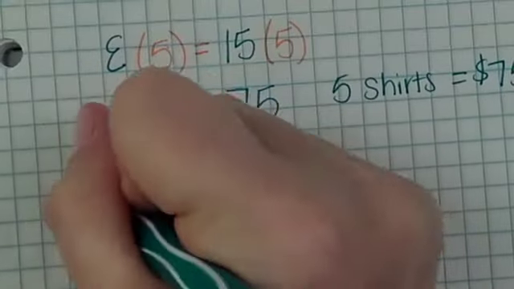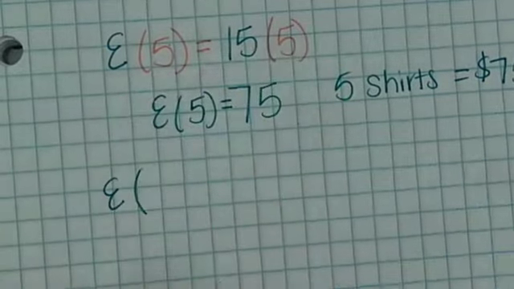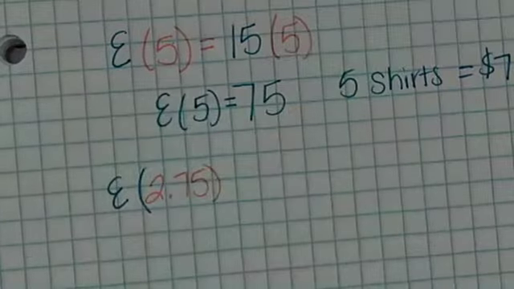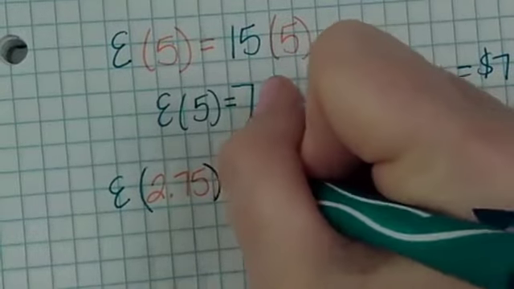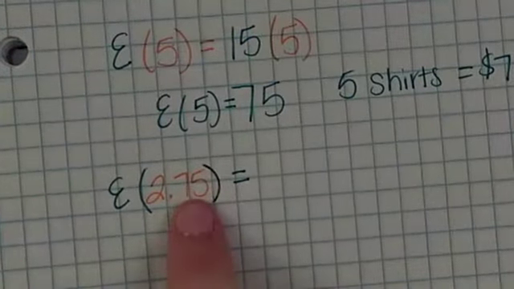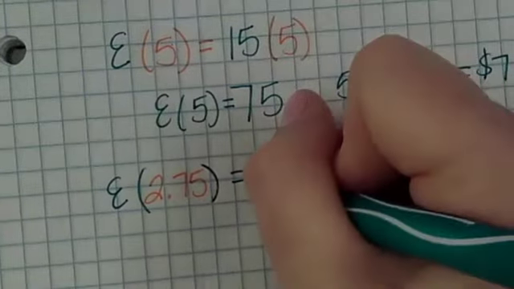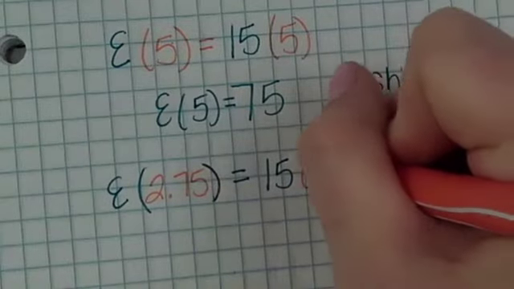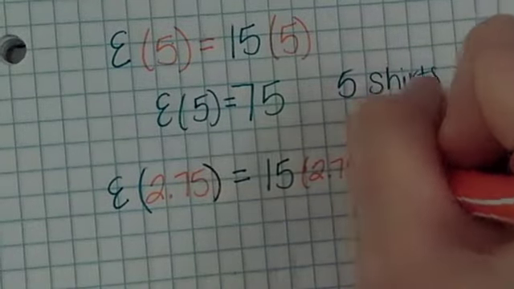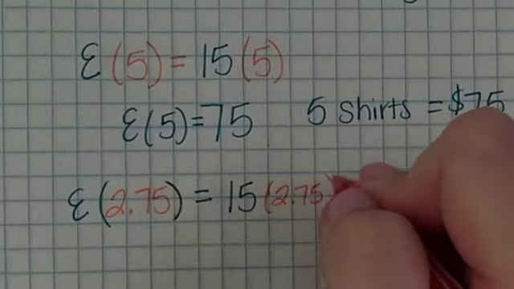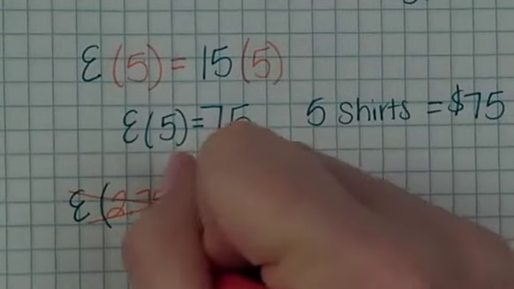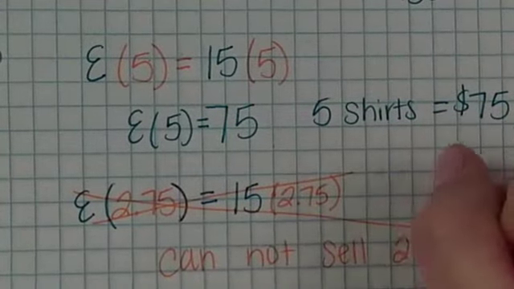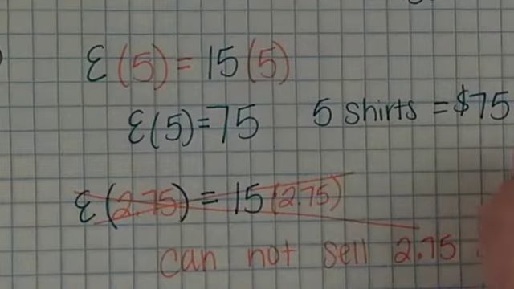Okay, now this next one, earnings of $2.75. Or not $2.75. Remember, that's the number of shirts. So can she sell 2.75 shirts? No. So this problem doesn't work. Cannot sell 2.75 shirts.